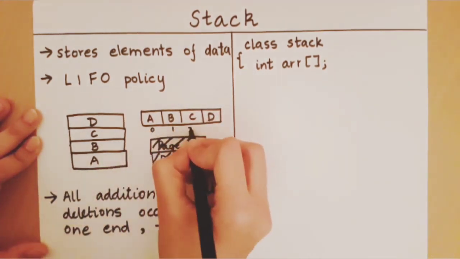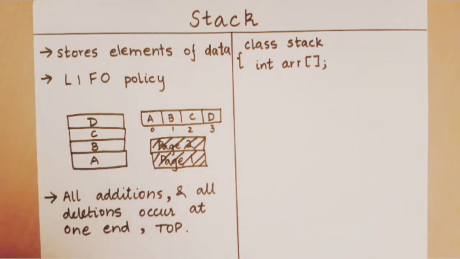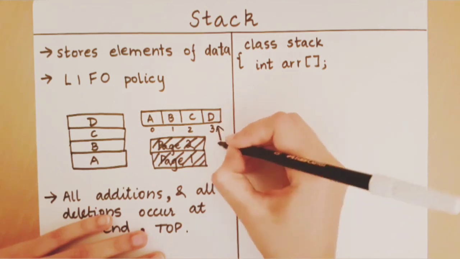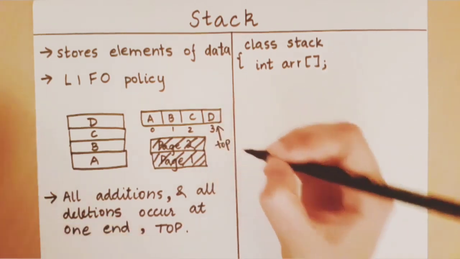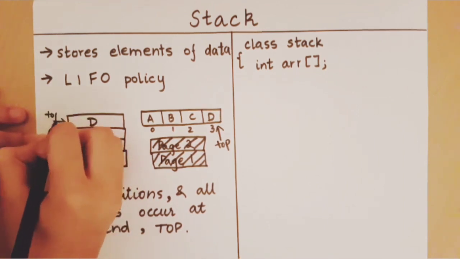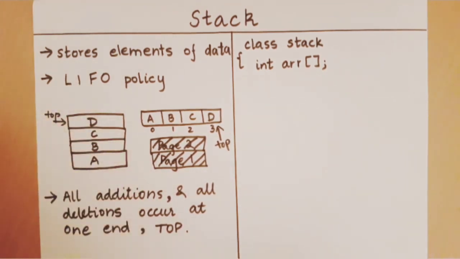I'm writing down the indexes. The top of the stack is now at D, just as the top of the stack in this case is over here. Now the top represents that index which was the last index to have been filled.